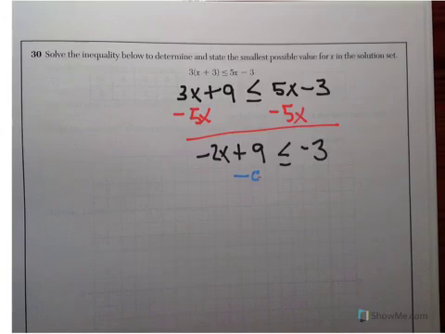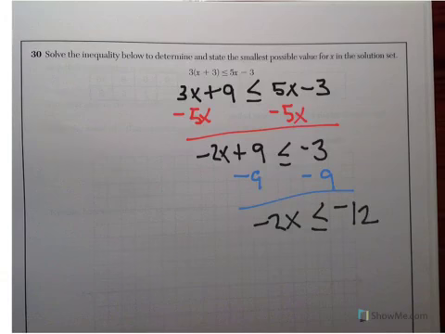Then I'm going to subtract 9 from both sides, and I'm left with a negative 2x less than or equal to negative 12. Then I'll divide both sides by negative 2, and remember, when you divide by a negative number, you flip the inequality, so you're left with x is greater than or equal to 6.